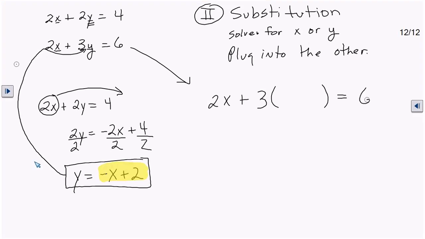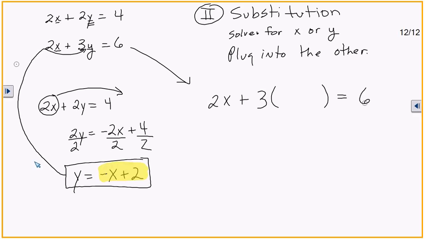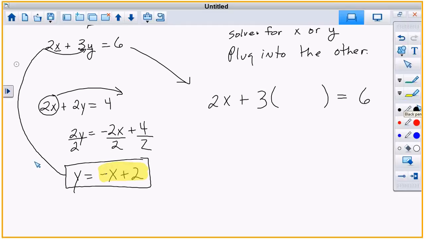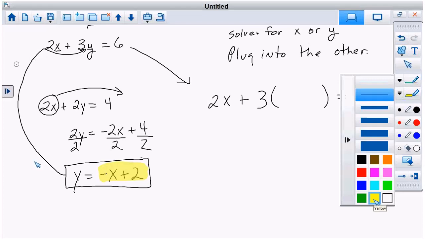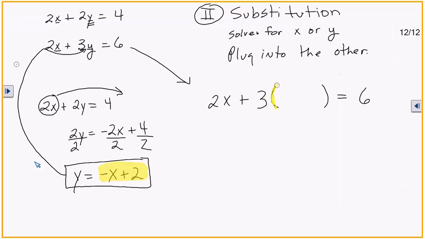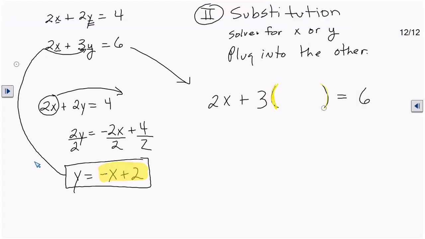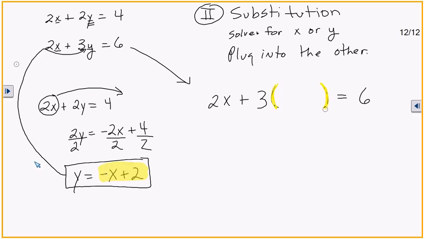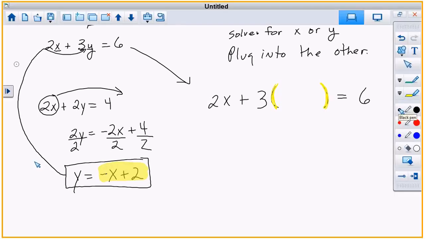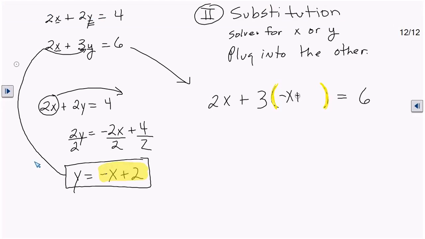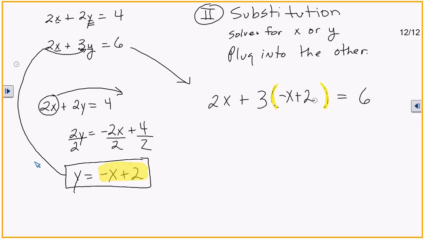And you notice that whenever I do plug in something, I use a big set of parentheses. No matter what I'm teaching, I do that. And I'm going to put yellow parentheses around this, because that means I'm plugging in that y, negative x plus 2. Negative x plus 2. And now I solve for x.